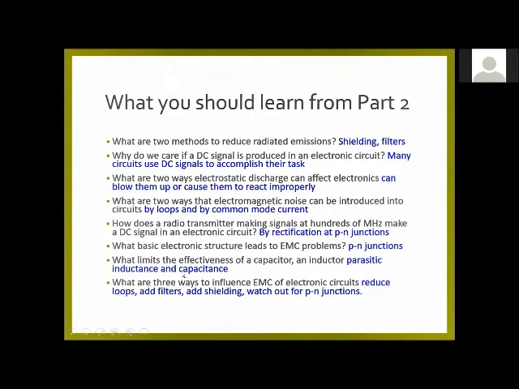So a capacitor has parasitic inductance and an inductor has parasitic capacitance. And what are three ways to influence EMC of electronic circuits? We can reduce the loops, make them smaller, or we can shield, we can add filters, and we can watch out for PN junctions.